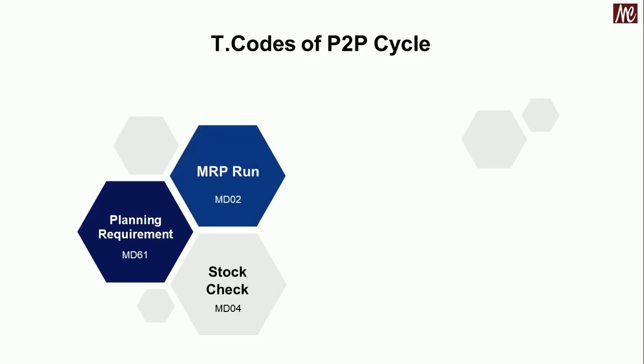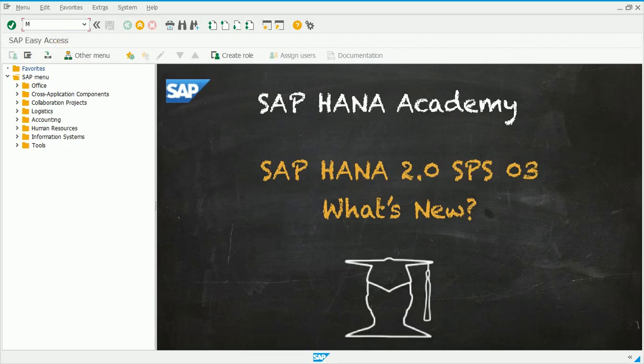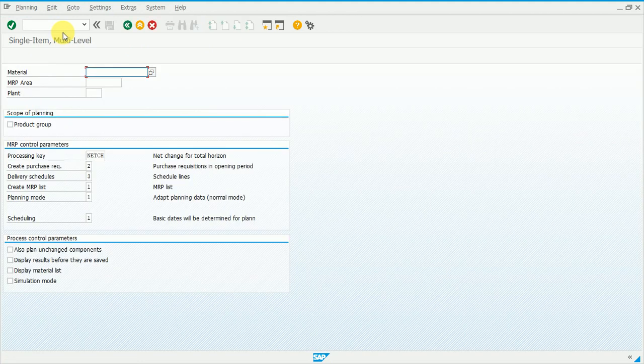Now move towards the third most listed transaction code, called the MRP run. Now the time arises to run the MRP, material requirement planning, in the system or in the plant. So MD02 is the transaction code through which SAP can surface the requirement, and we can show you how it looks in the SAP interface itself.